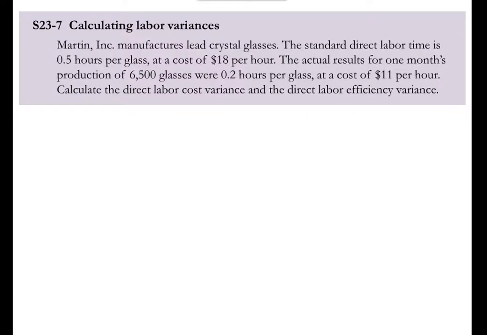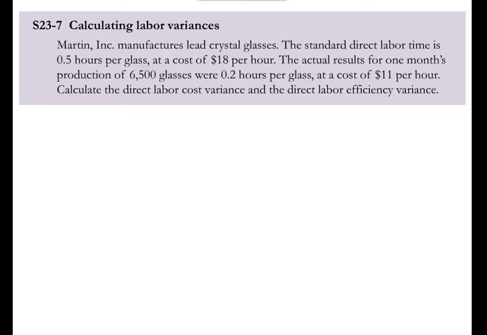So we take the same company here. The standard direct labor time is half an hour per glass at $18 per hour is what I pay them. The actual results for the 6,500 glasses were 0.2 hours per glass at a cost of $11 per hour.